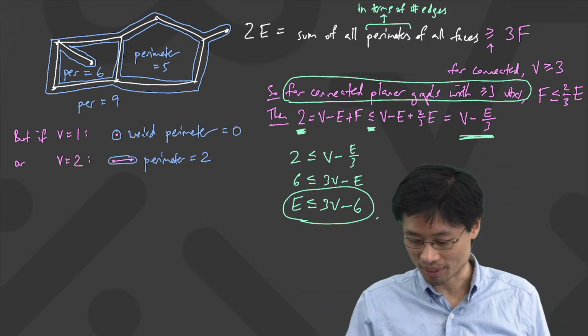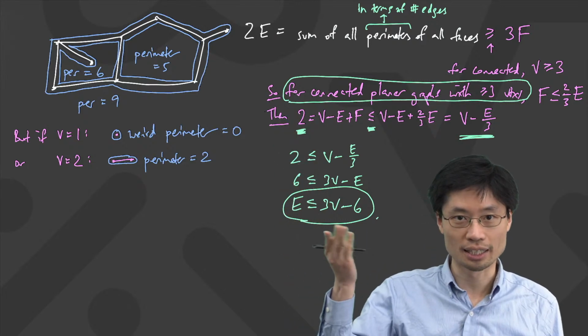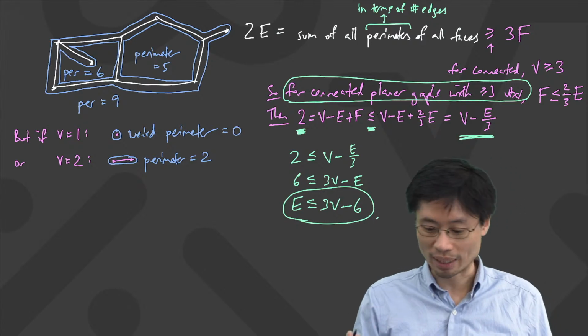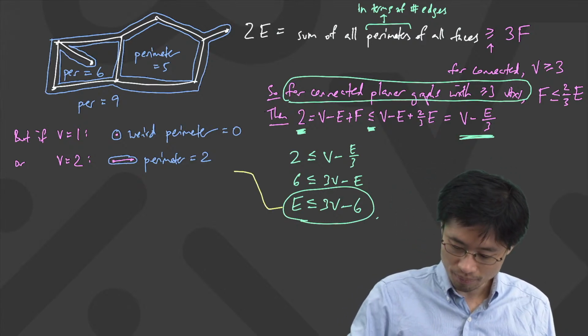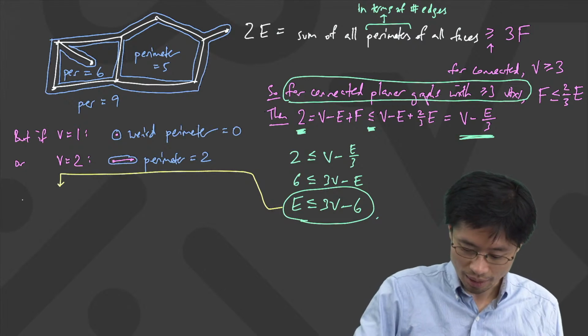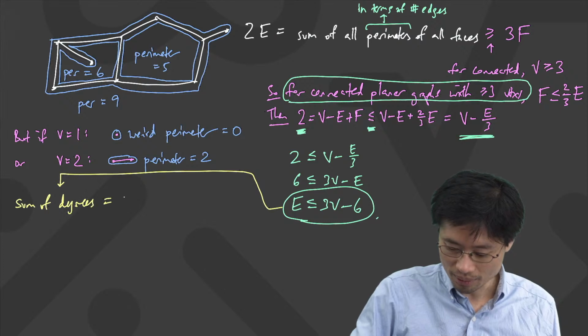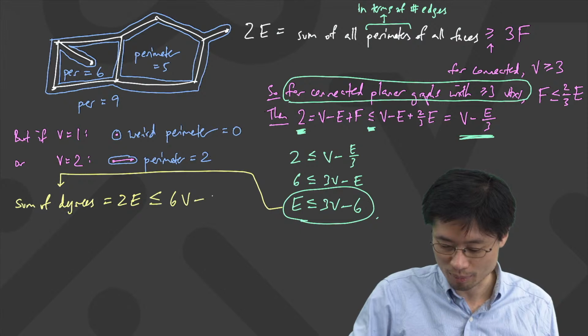I just made a statement which is kind of a cool statement. If I know that my edges is less than or equal to 3v minus 6, the sum of the degrees is twice the number of edges. Let's continue with the corollaries here. The sum of the degrees is equal to twice the number of edges, which is less than or equal to 6 times the vertices minus 6.